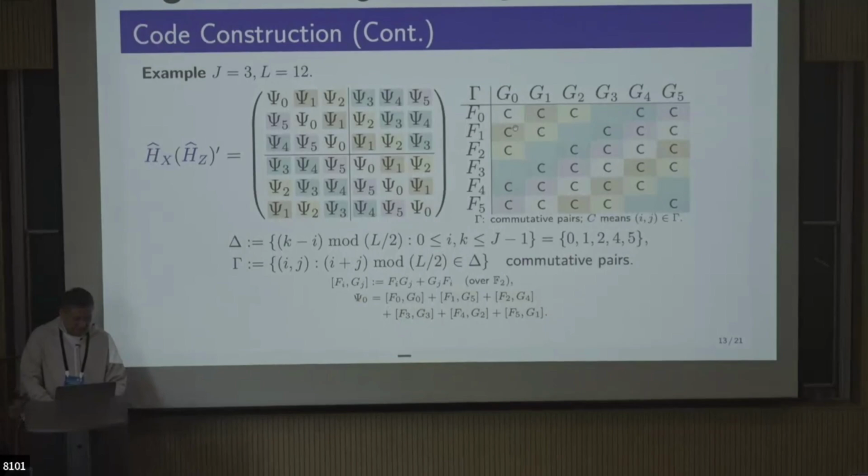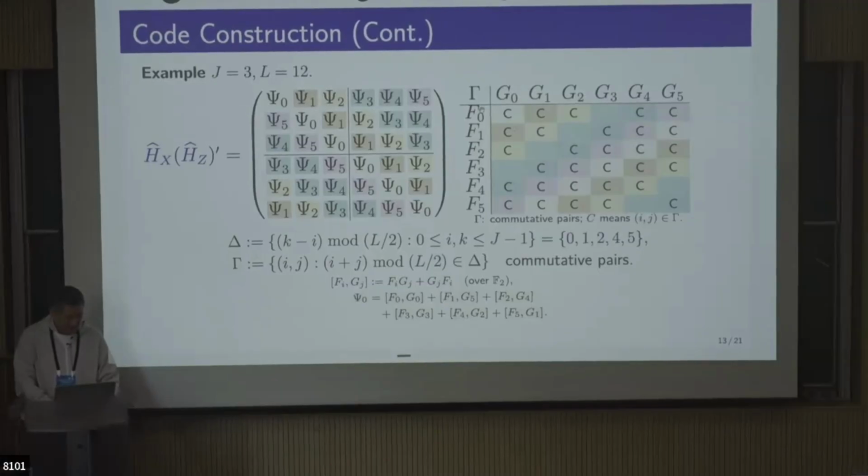The C entries are exactly the pairs needed to make the active psi-r's vanish. So we impose the commutativity only on the pairs in gamma. The blank entries are unused freedom. So keeping them free helps avoid the latent row problem. Okay.